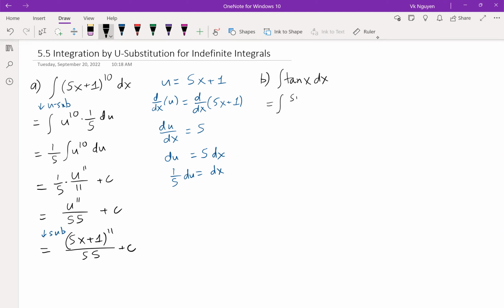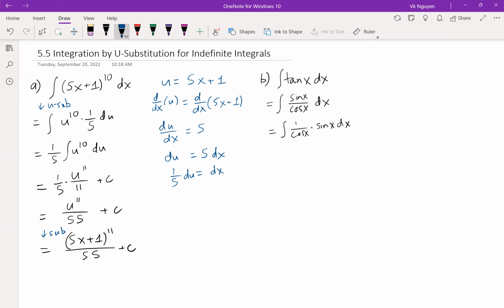Tangent x is sine x over cosine x dx. Notice that the derivative of cosine is negative sine. So we can rewrite this as integral 1 over cosine x multiplied to sine x dx.